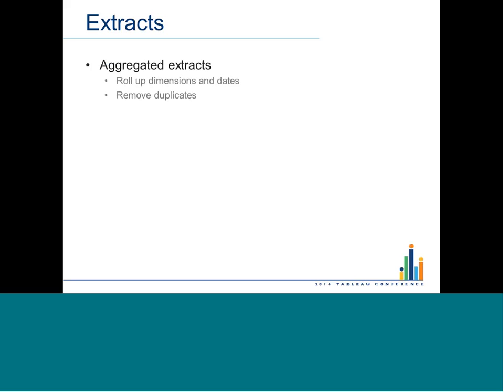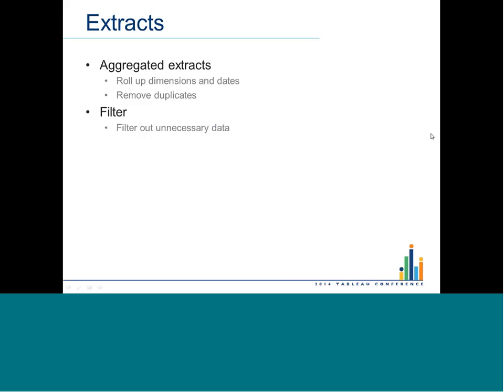So it's recommended that when you create an extract, if you do not need to see detailed data, to just create an aggregated extract, roll up the dimensions and dates, and also remove duplicates in the process, so that the eventual size of that extract would be smaller.